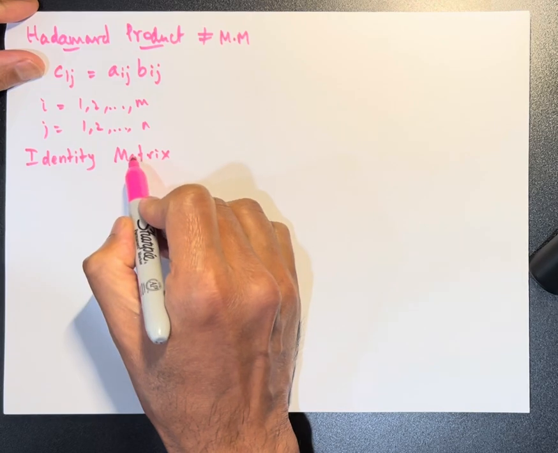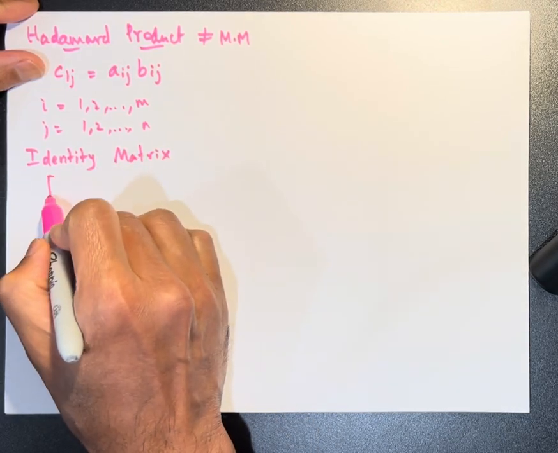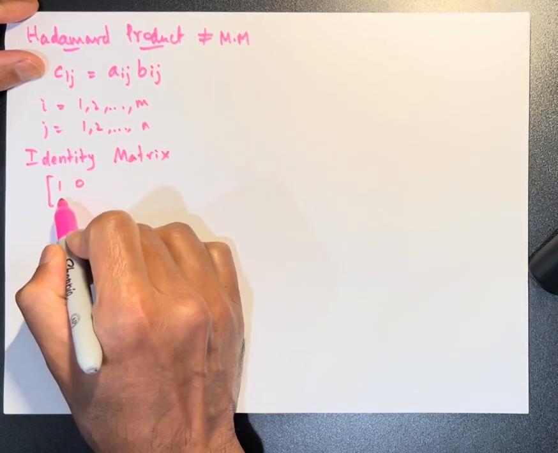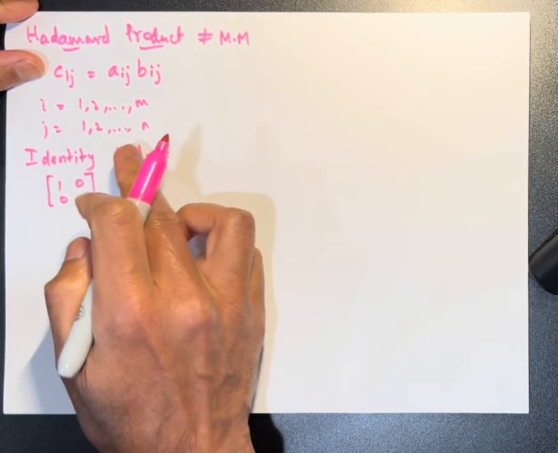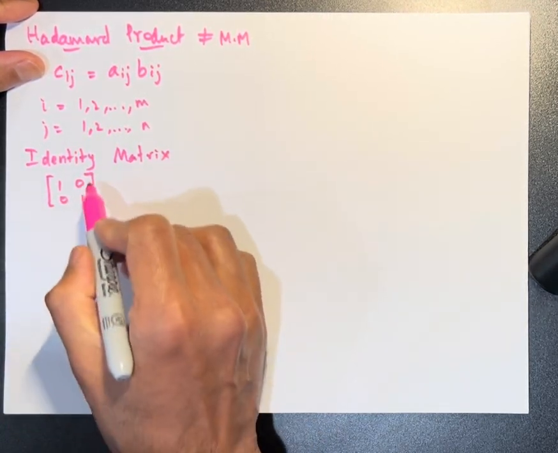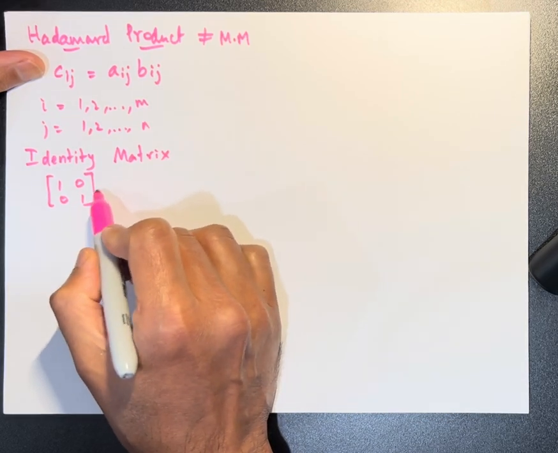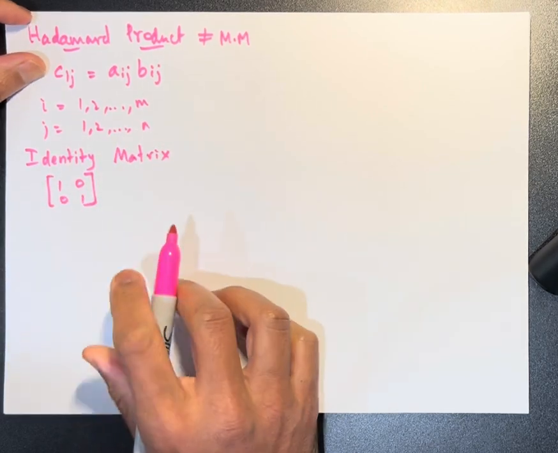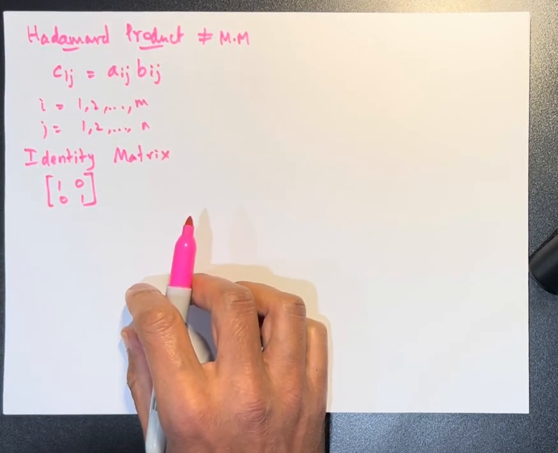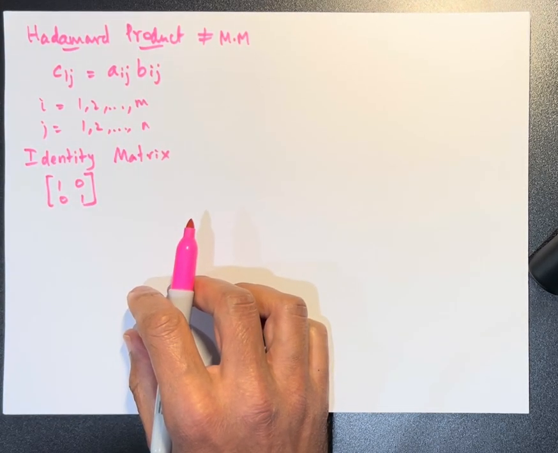In general, if you take for example 2 by 2, then this is the identity matrix, which means only in the leading diagonal you have ones and then everything else is 0, right? So leading diagonal is ones, everything else is 0. Okay, so that's the identity matrix. Now why is this called the identity matrix?